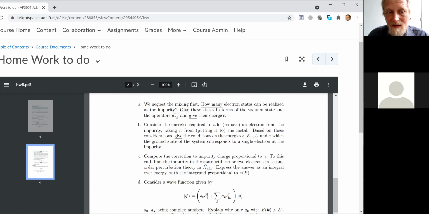Now point B is also relatively simple but important. We compare these energies and we figure out the ground state of the impurity with no mixing, at different values of all these things.